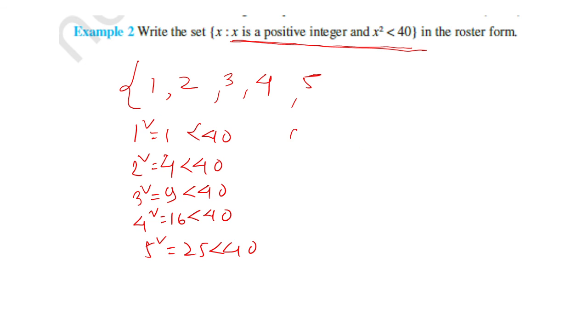Next, 6 square is 36, less than 40, so 6 will be there.